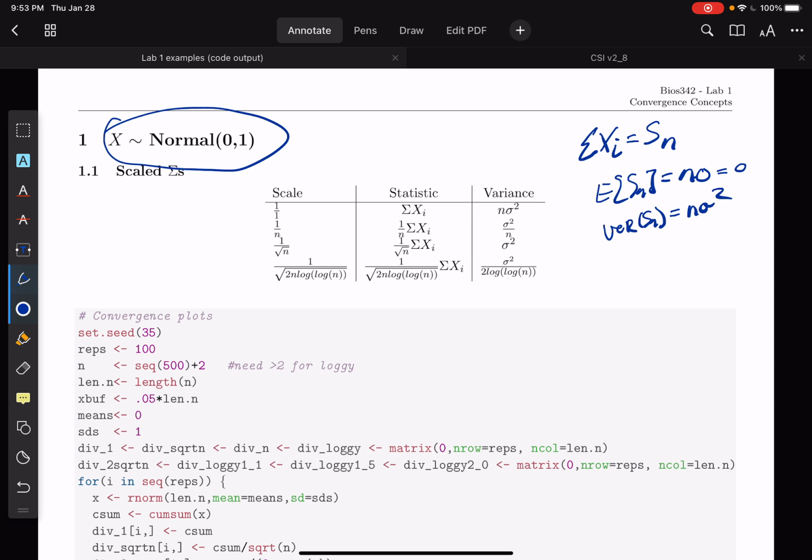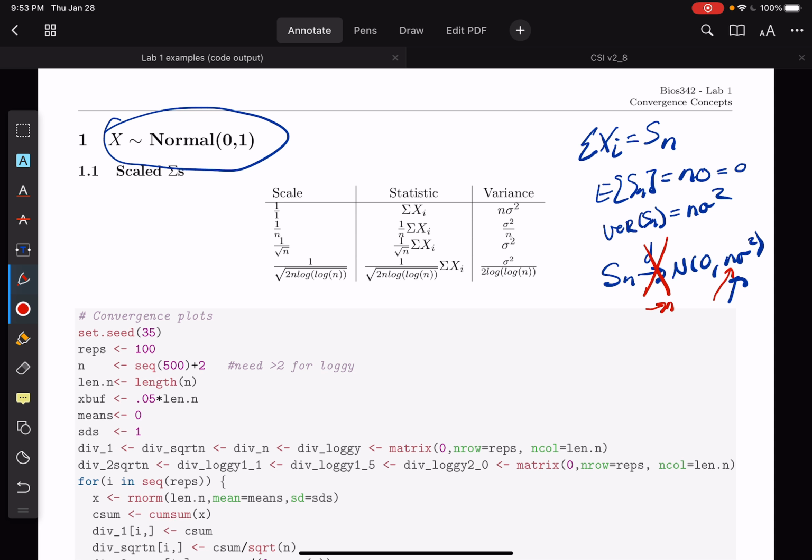So the limiting distribution, I want to write as normal 0, n sigma squared, but I'm not allowed to have n in the limit when n goes to infinity. Whoops, I wrote that wrong.